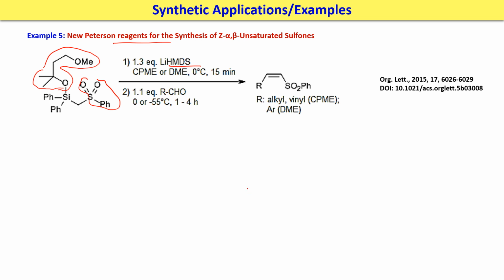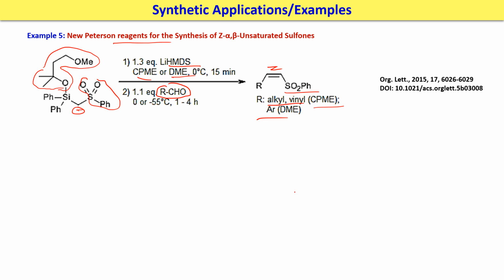There will be negative charge generation at this position, and in presence of CPME or DME, these are the solvents, cyclopentyl methyl ether or 1,2-dimethoxyethane, this will attack this carbon of aldehyde RCHO, where R may be alkyl, vinyl, CPME solvent for alkyl and vinyl, DME solvent for aryl group, and we are getting Z alpha beta unsaturated sulfone, because this is Z and this is alpha beta unsaturation with respect to this SO2Ph.